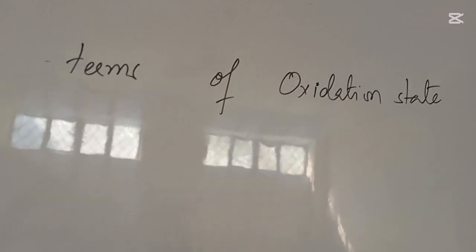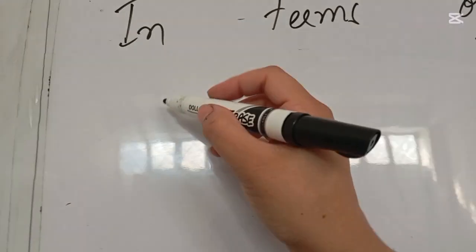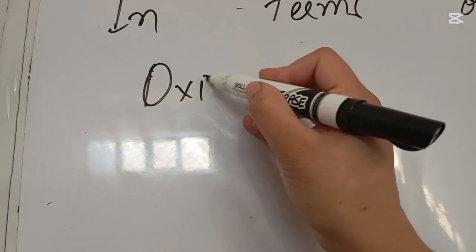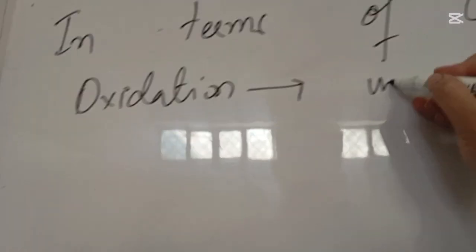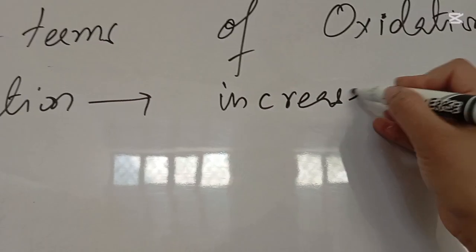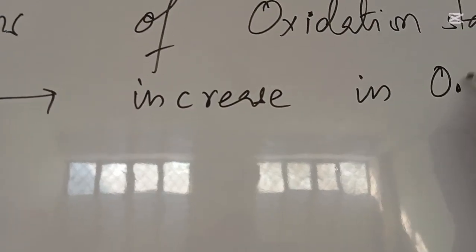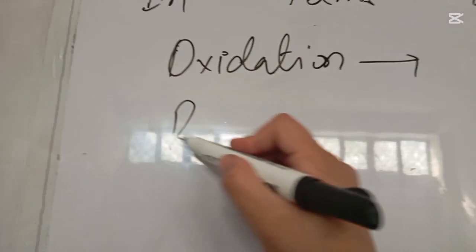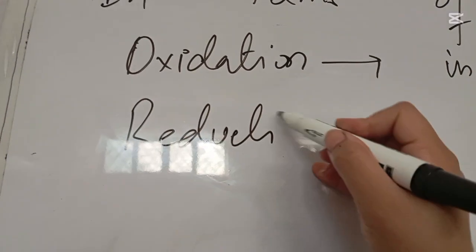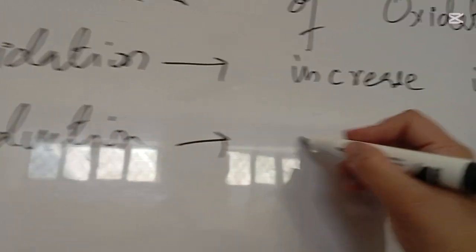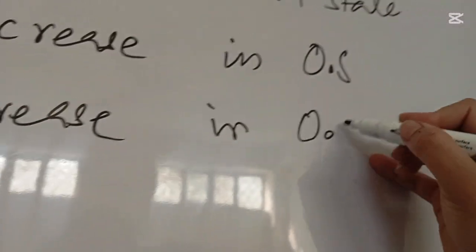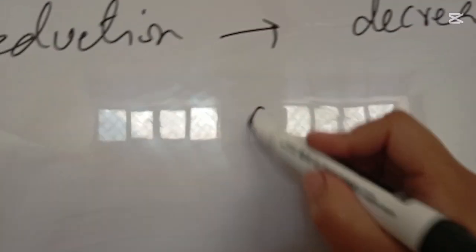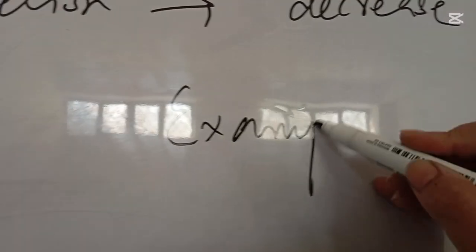So now, talking in terms of oxidation state, we say that oxidation takes place when there is an increase in oxidation state or oxidation number, whereas reduction takes place when there is a decrease in oxidation state or oxidation number. We have talked about the examples of sodium and chlorine.